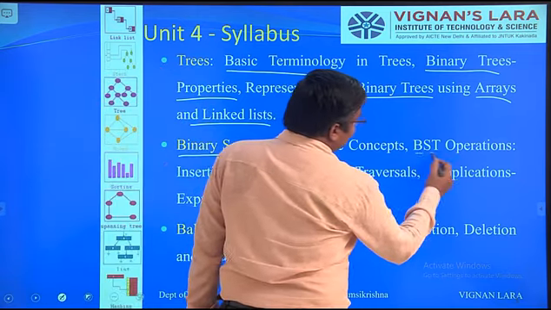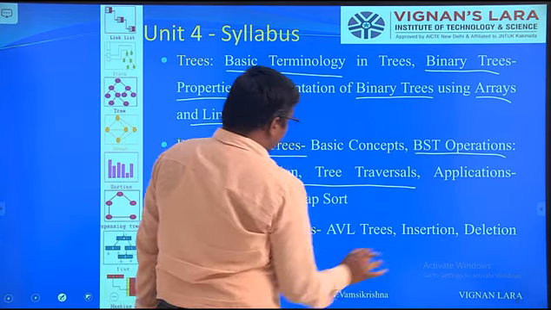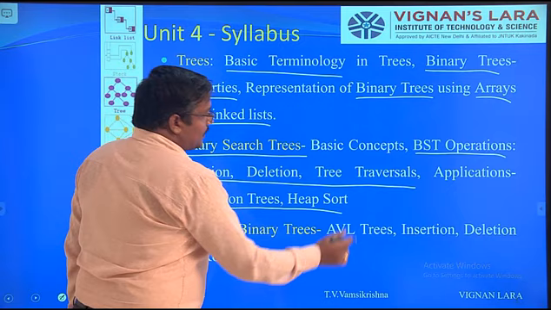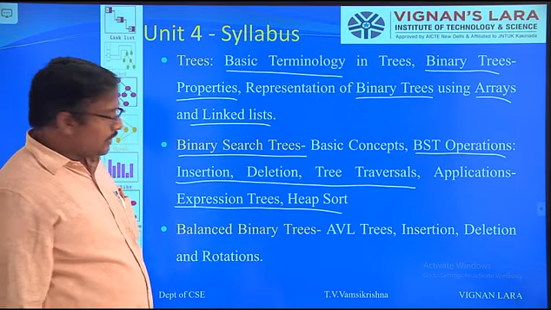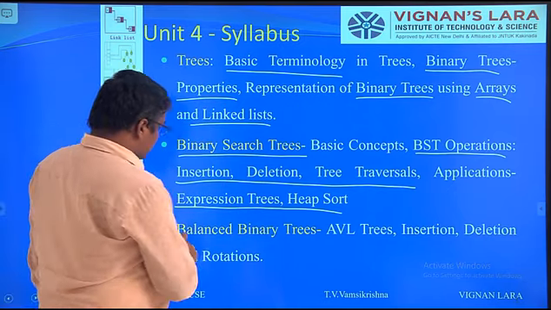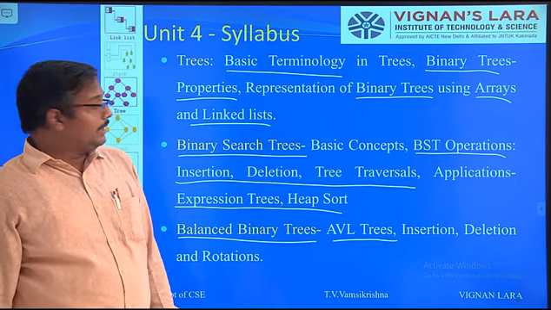Again, binary search tree operations we want to discuss: insertion, deletion and traversal, search. The expression tree is one kind of application of binary search trees. At last, balanced binary trees, where the main concept is the AVL tree. So in the 4th unit we mainly discuss binary trees, binary search trees, and in the balanced binary search tree category, the AVL tree.